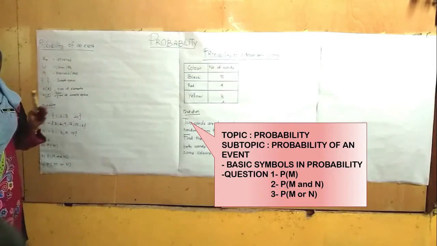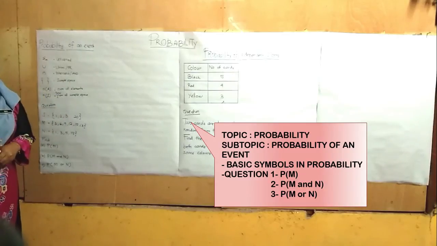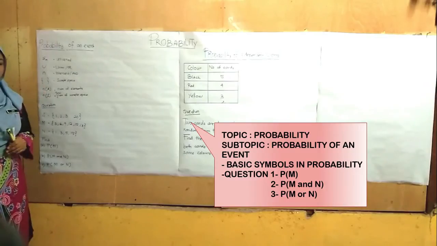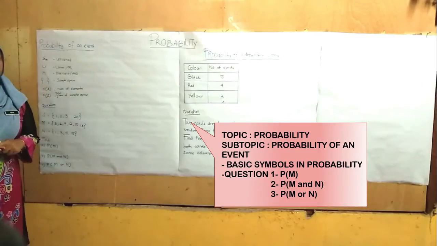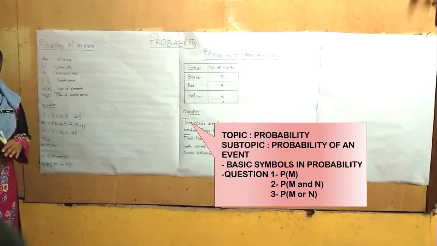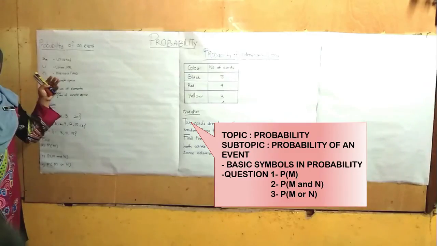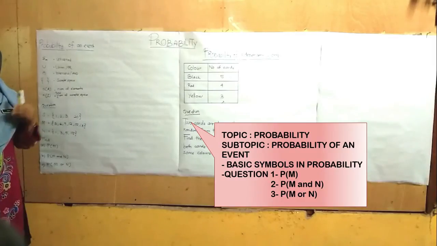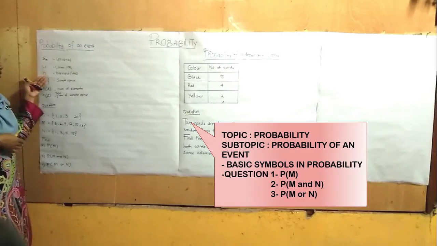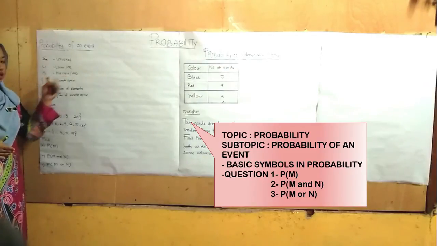Union means the whole elements in two or more events. For example, we have two events, A and B. The whole element in A and the whole element in B, we combine it and it is called union.